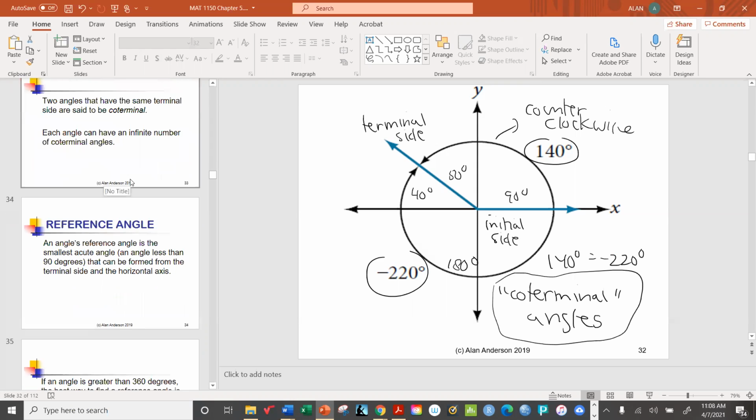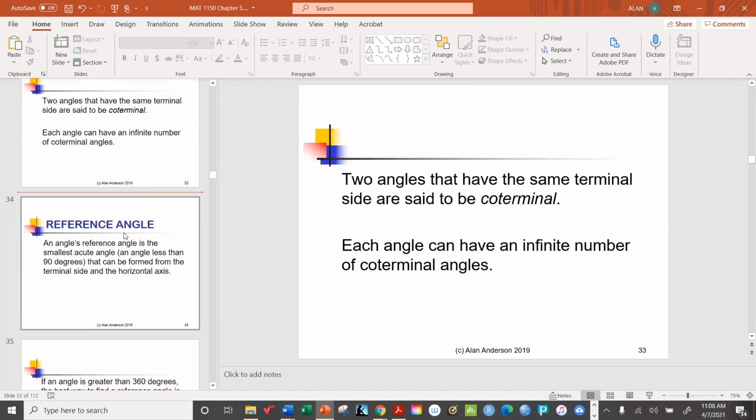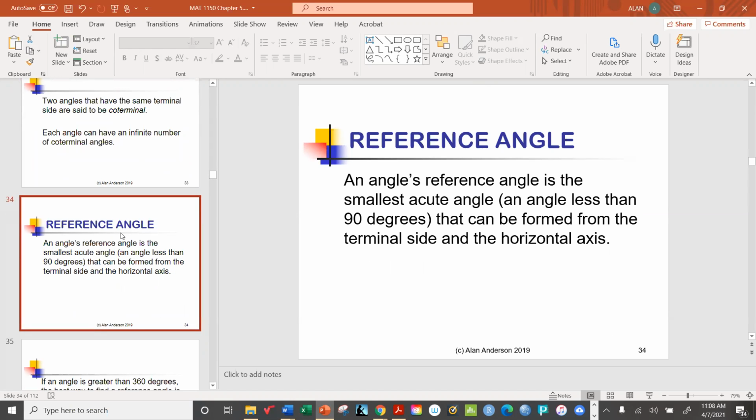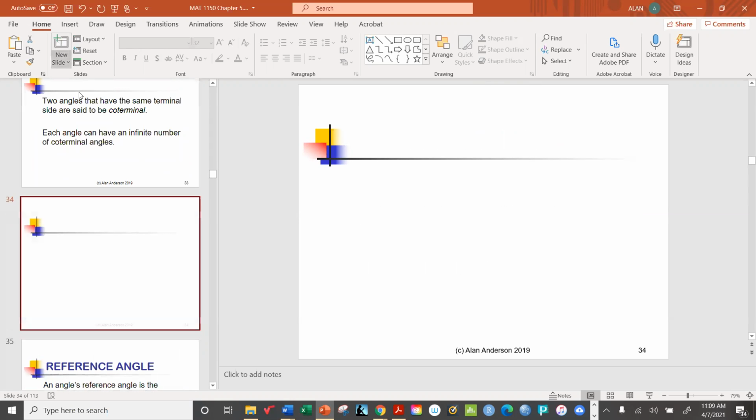Okay, now a reference angle, oh, by the way, there's some more terminology you may have forgotten. Let's review this real fast. So much terminology here.